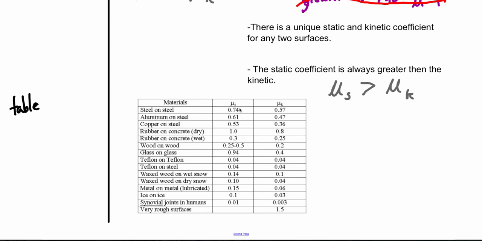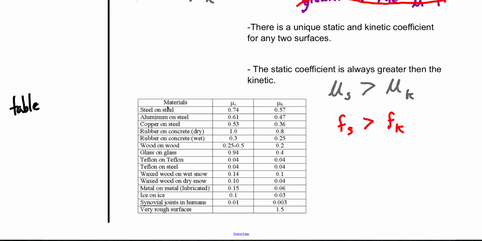We get this just from the ratio that we showed above. You can notice that the static coefficient is always greater than the kinetic coefficient, and we see that that's the case because the static frictional force is always greater than the kinetic frictional force.